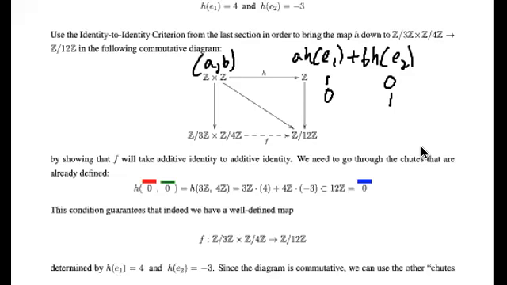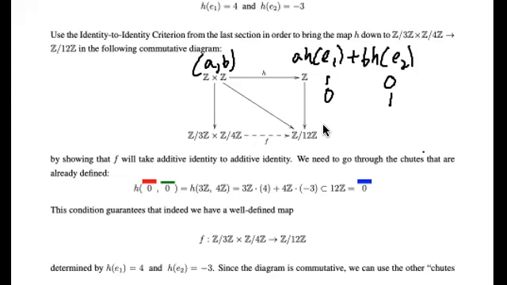And the answer is yes, because these conditions that we have here, knowing that 3 and 4 don't share any common factors, actually ensure that H of E1 and H of E2 themselves, the way that we've written them out, give us something neat. Let's actually write this out here.